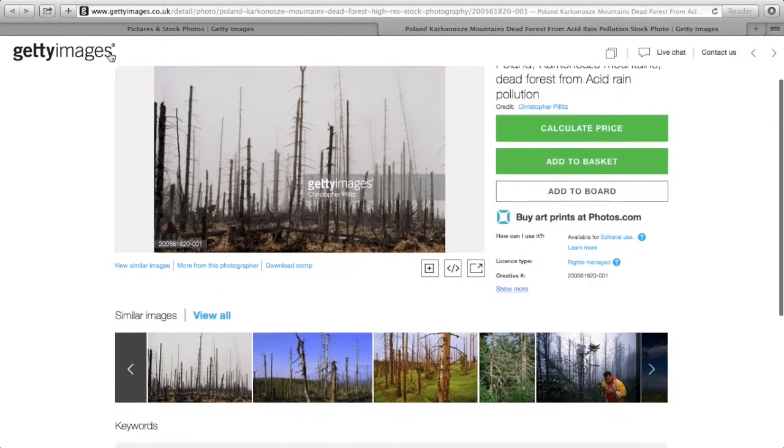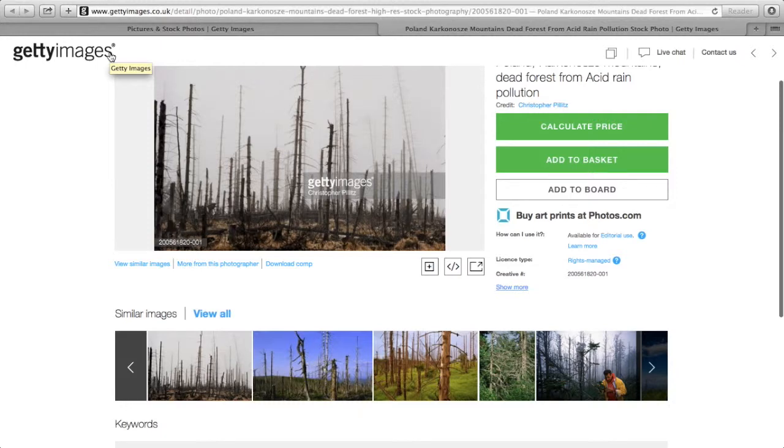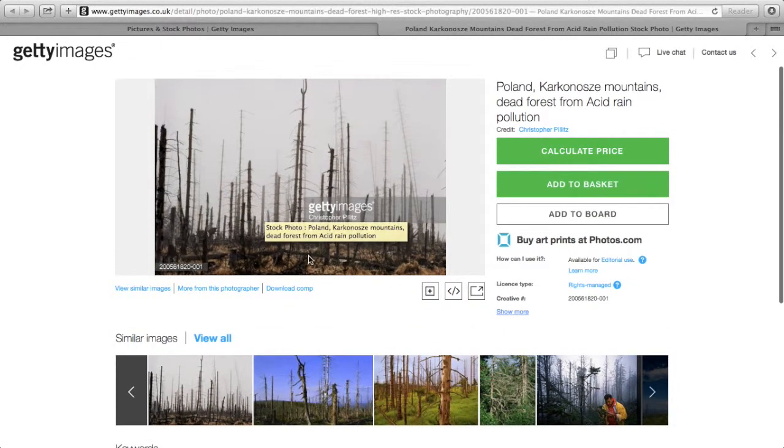So this is the worst example that I've seen from the effects of acid rain. And it looks like Poland is having a big problem themselves on their mountains, 'cause this forest just looks dead. It doesn't look like there's any life left in it.